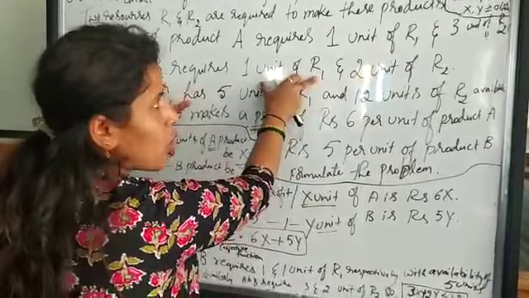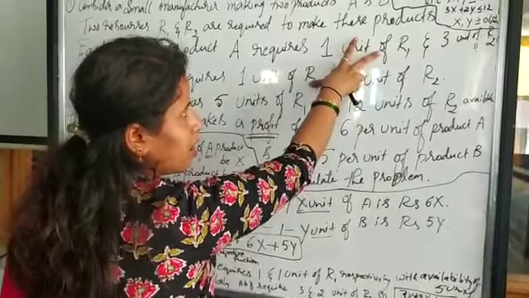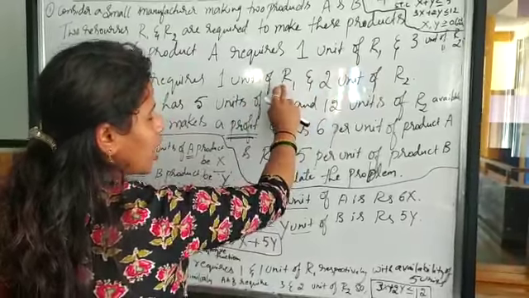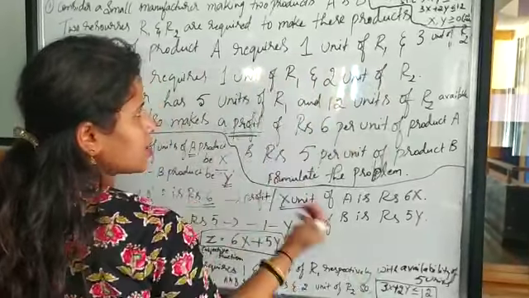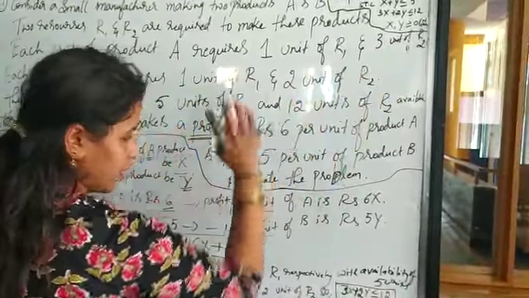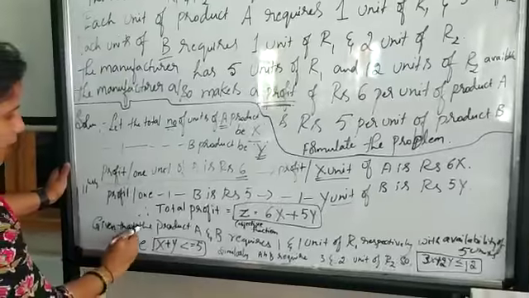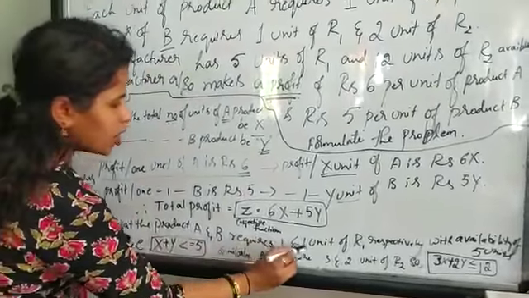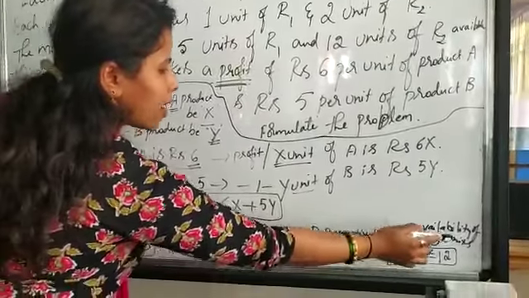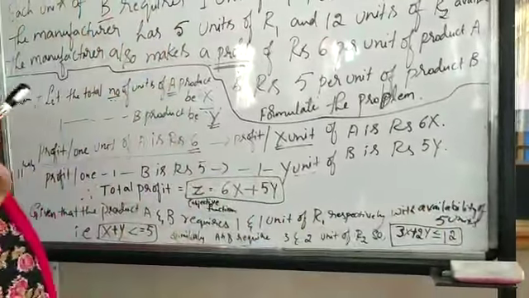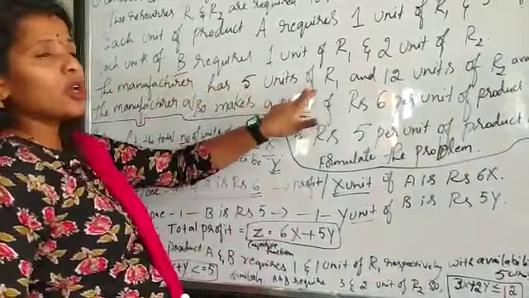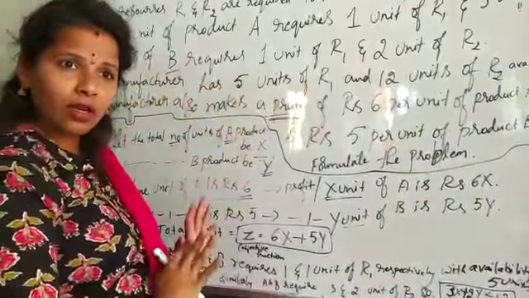The next constraint is only R2, with 3 and 2. With 5 units available, the manufacturer has only 5 units of R1.